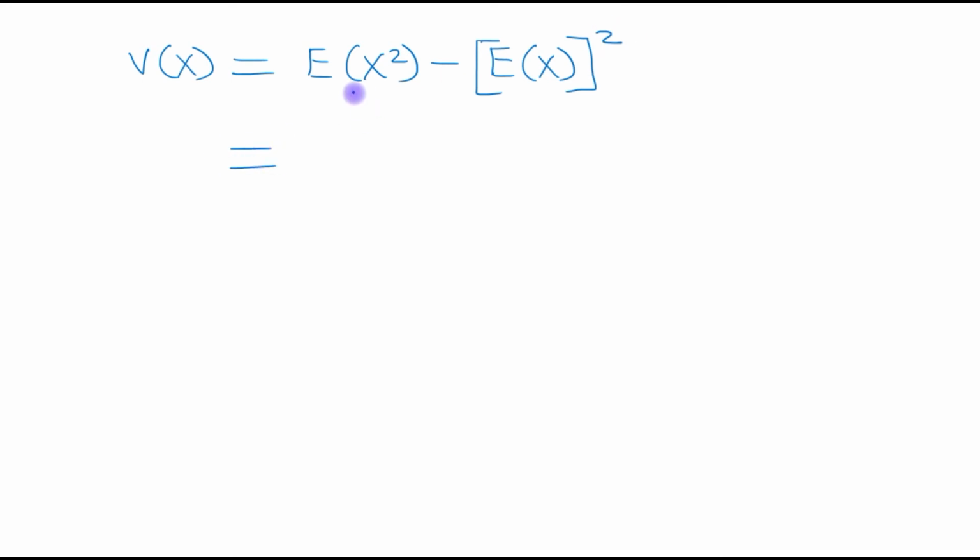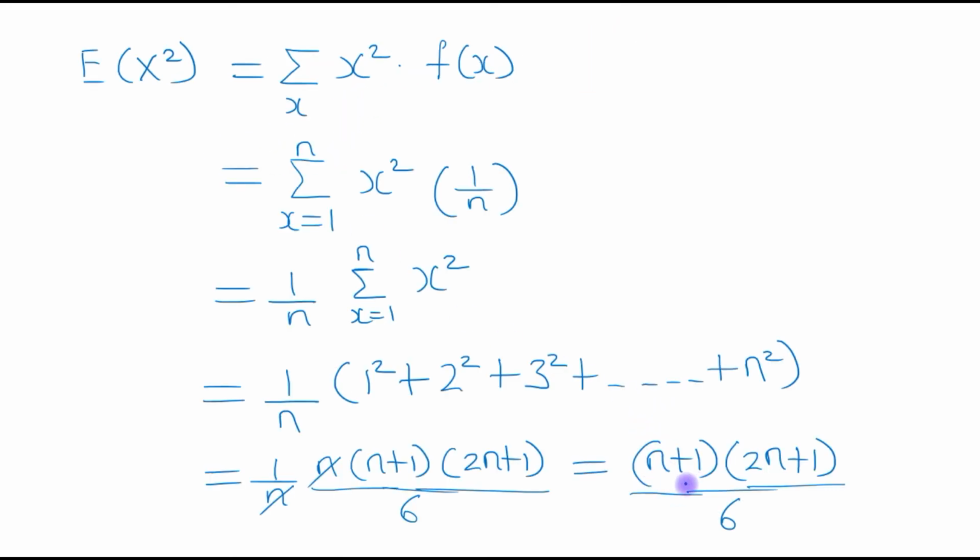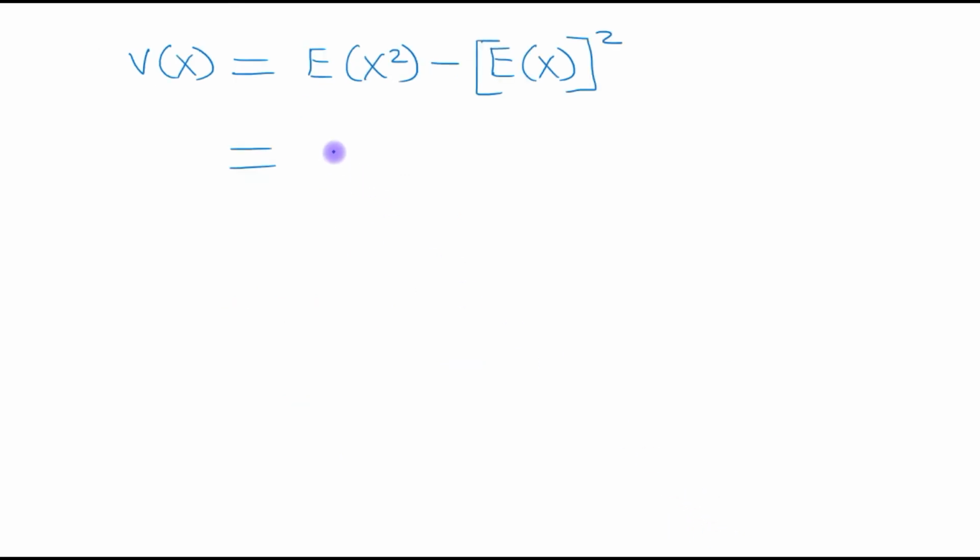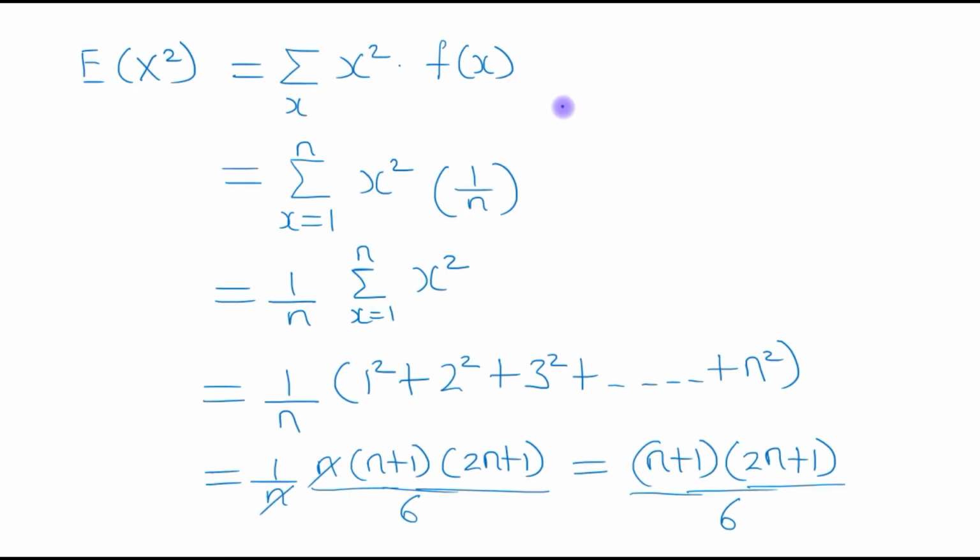Now variance of x, which is E(x square) minus expected value of x whole square. E(x square) is n plus 1 into 2n plus 1 upon 6. So we will write n plus 1 into 2n plus 1 upon 6 minus E(x).